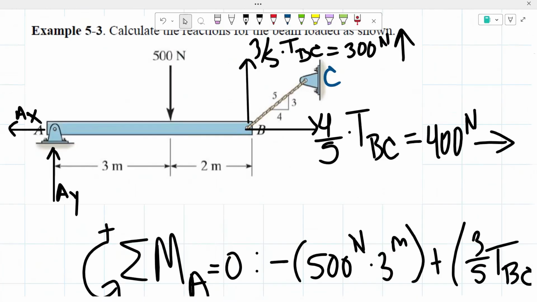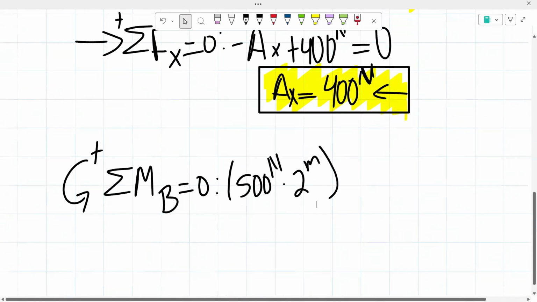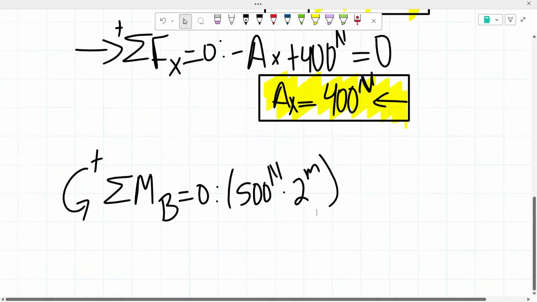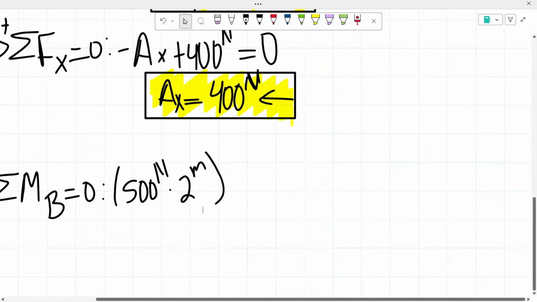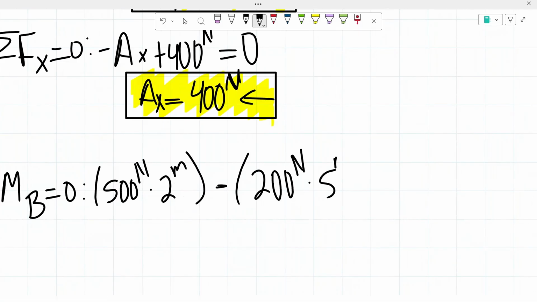We know that's going to be creating a clockwise moment, meaning it's going to be a negative moment, and the distance is 5 meters. So we know that our AY has a value of 200 newtons. Remember, we said that this is going to be a negative moment. We have 200 newtons. We said that the distance is 5 meters.